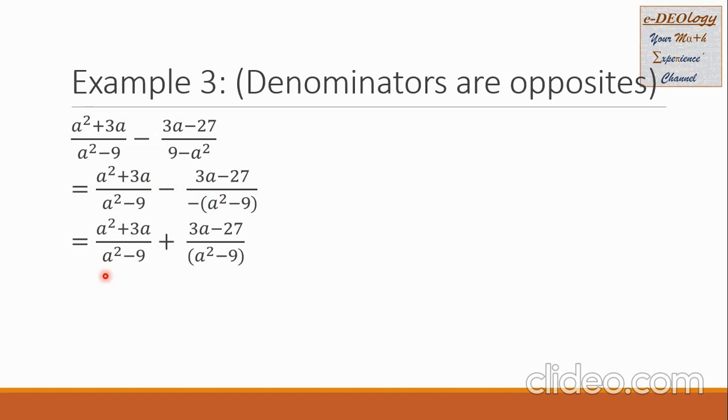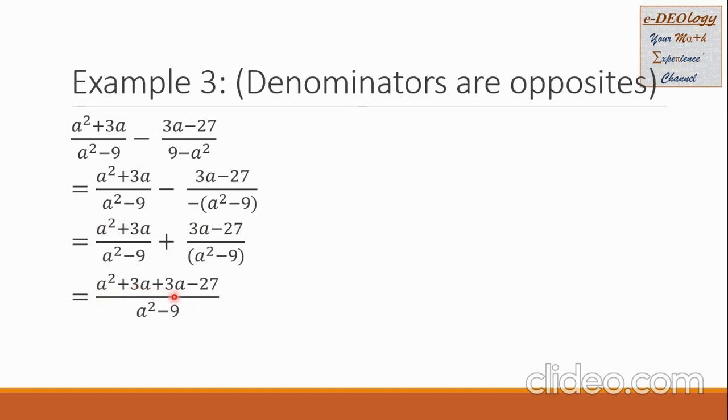So now I have new rational expressions to be added and the denominators are common. I can now apply the addition of the numerators and copy the common denominator. So I have here now the first numerator, a squared plus 3a plus the 3a minus 27 all over the common denominator, a squared minus 9.